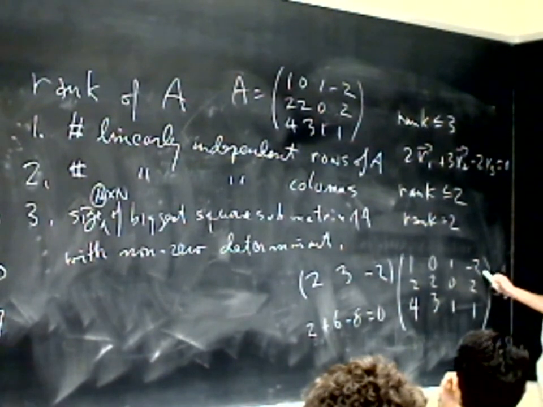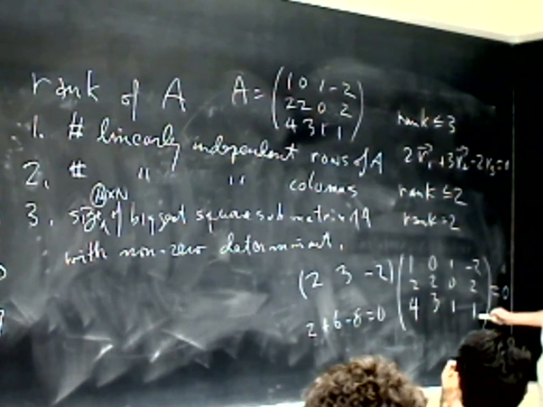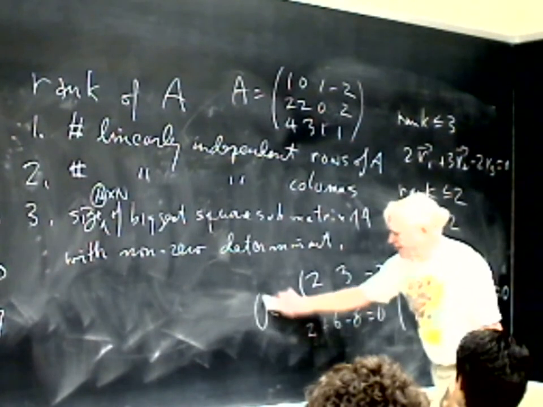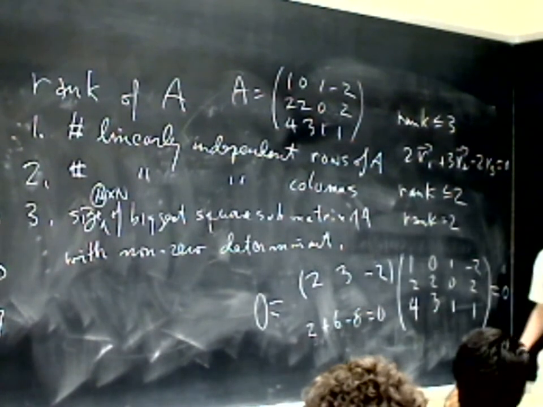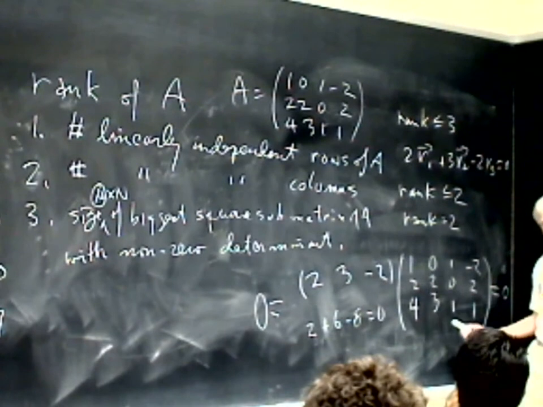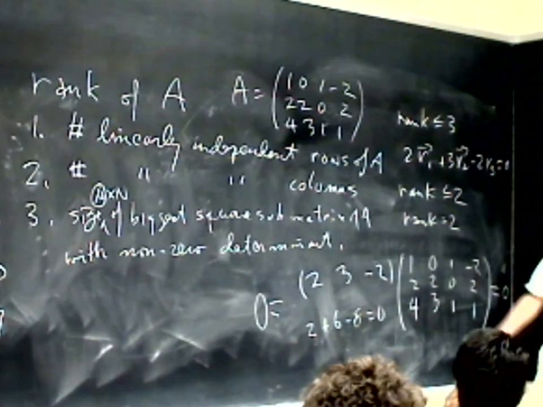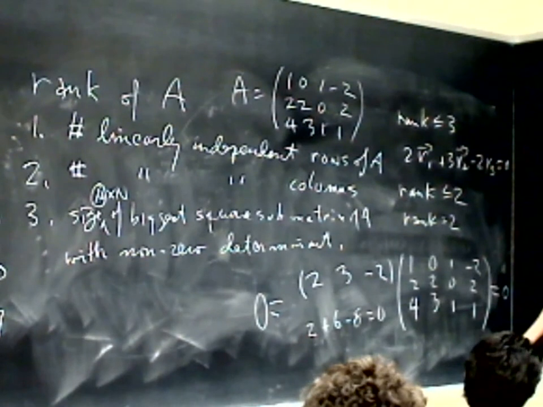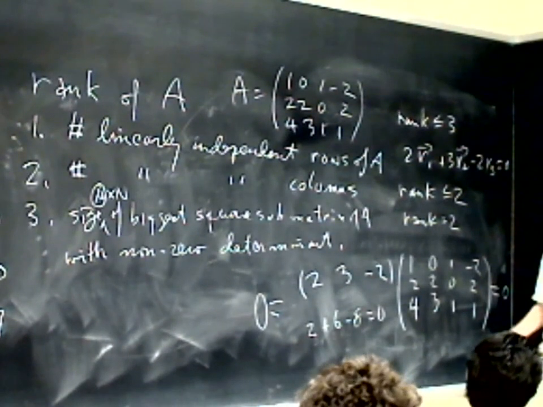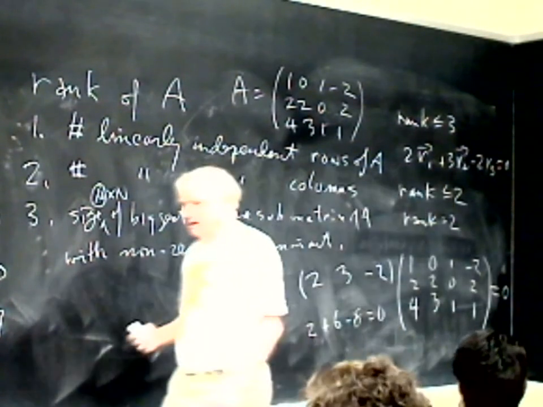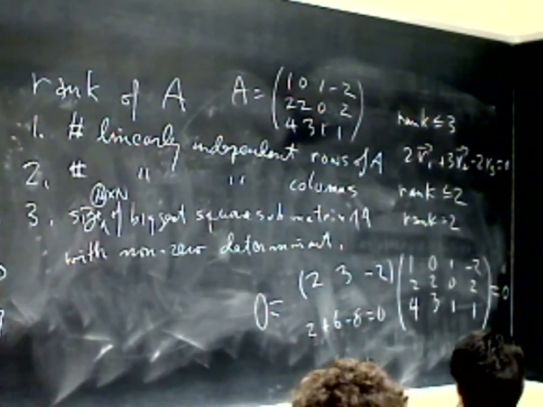And this one is minus 4 plus 6 minus 2. That also is 0. So this, in fact, is true. So in other words, you can find a three-vector from the left that this maps to 0 and a four-vector from the right that it maps into 0. So that's what you learn from the rank.